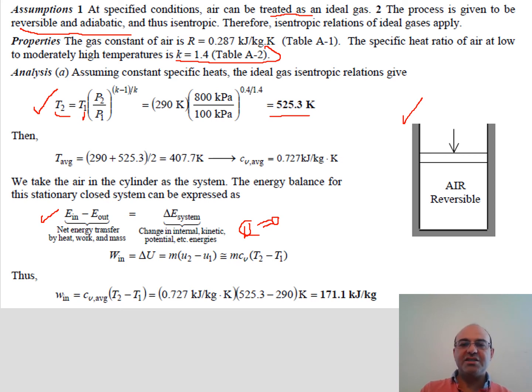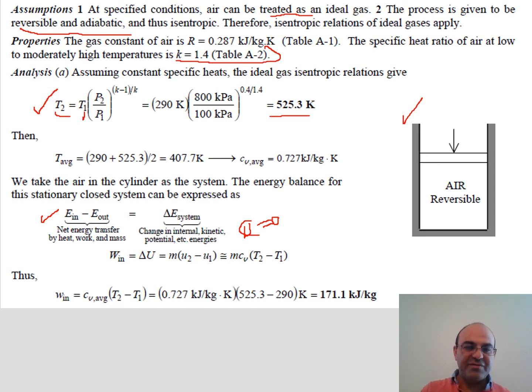So Q minus W, or energy in minus energy out. If we write it based on Q minus W, then W would be work done by the system. But in this case, work is done on the system. So W itself is negative. So another negative makes it positive.